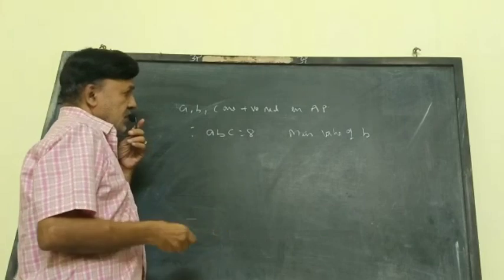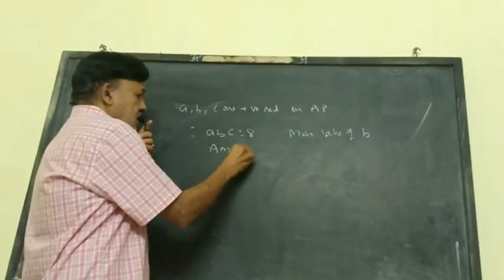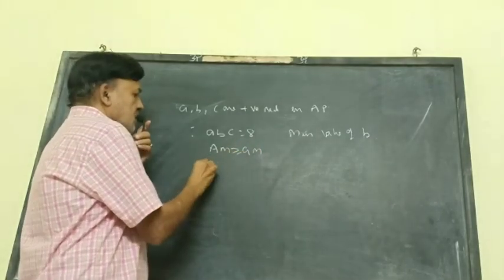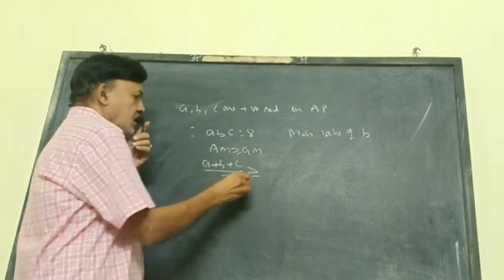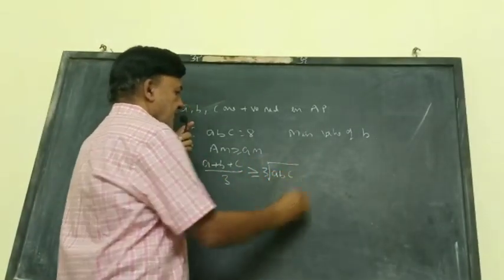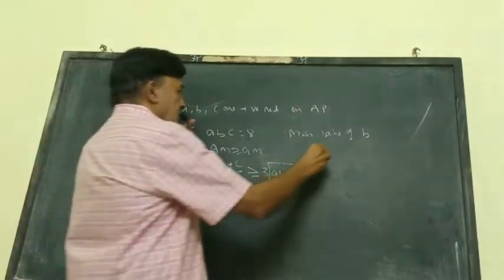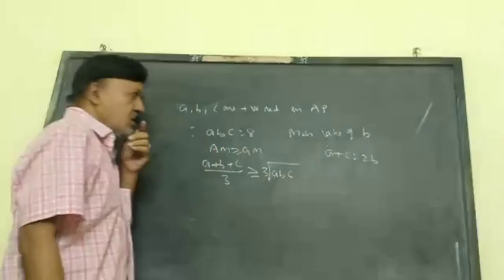See, A, B, C are positive and in AP, so AM greater than or equal to GM I can apply. So A plus B plus C by 3 greater than or equal to cube root of ABC. But what is A plus C to be? Because A, B, C are in AP, A plus C is 2B.